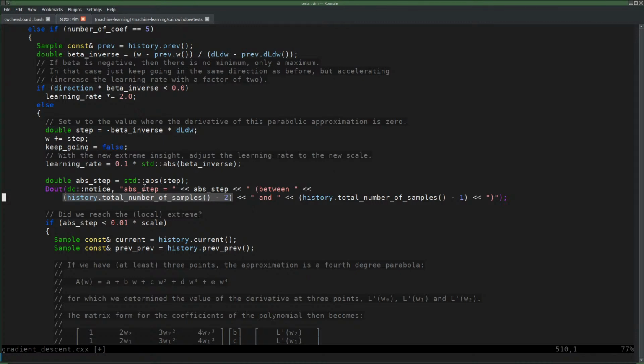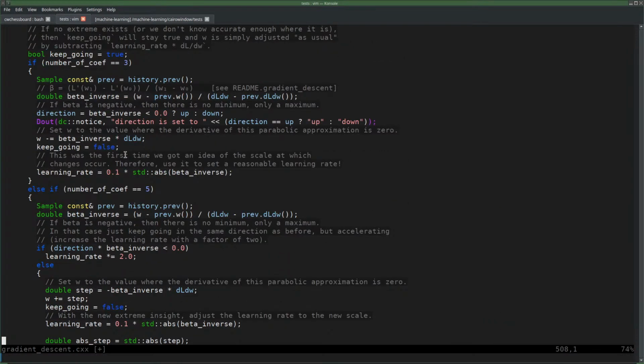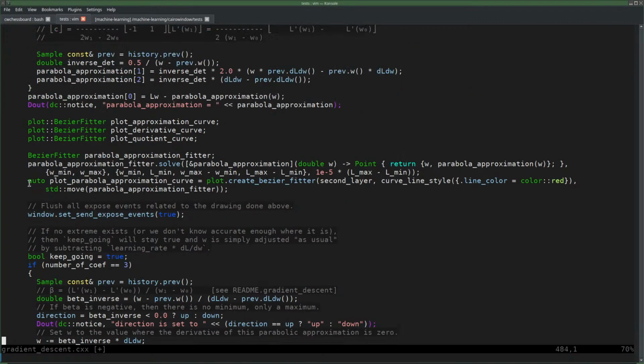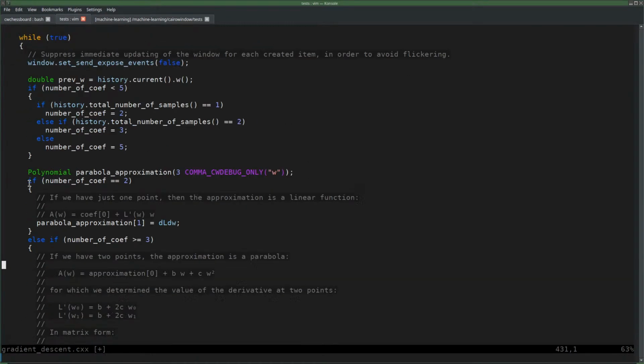That is, this is the step between what W was and what is W now. And W is just the current value.